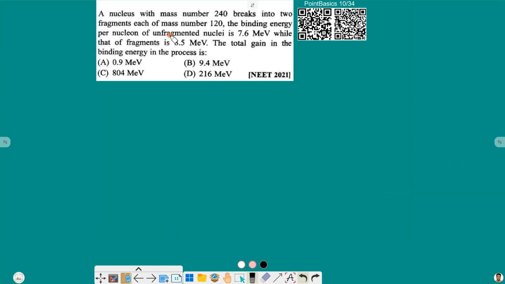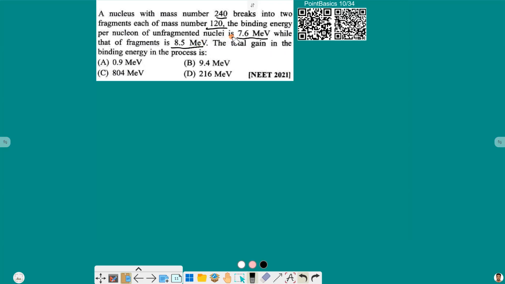In the next one, a nucleus with mass number 240 breaks into two fragments, each of mass number 120. The binding energy per nucleon of the unfragmented nucleus is 7.6 MeV, while that of the fragments is 8.5 MeV. What is the total gain in binding energy in the process?